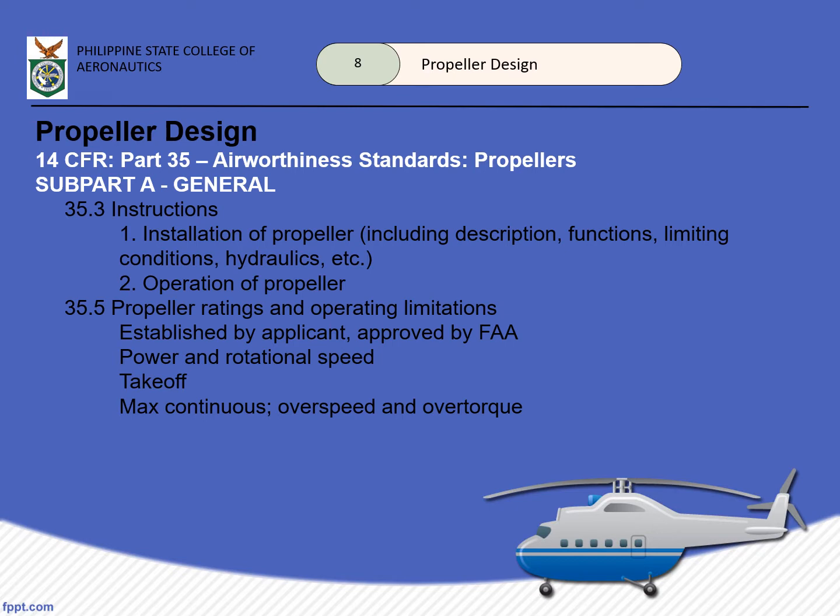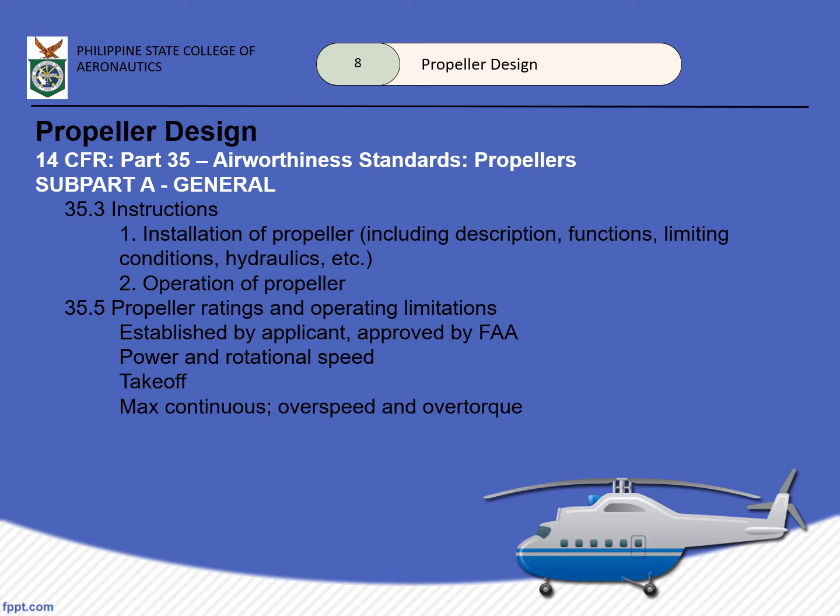For subpart A, the general, so it fall instructions and propeller ratings and operating limitations fall under this subpart. So for the instructions, we have anything that we will be needing for the installation of propeller, including description, functions, limiting conditions. Sorry about that.